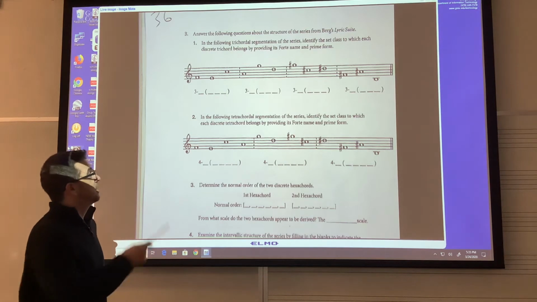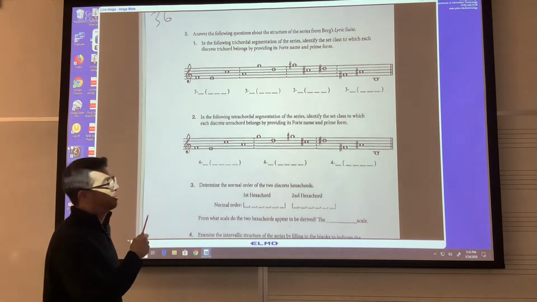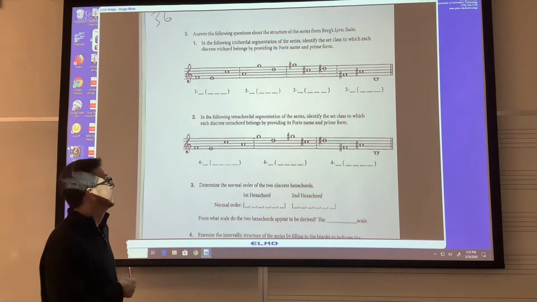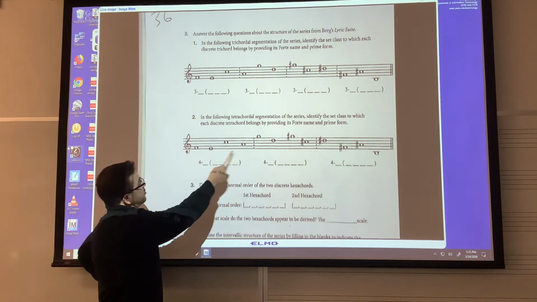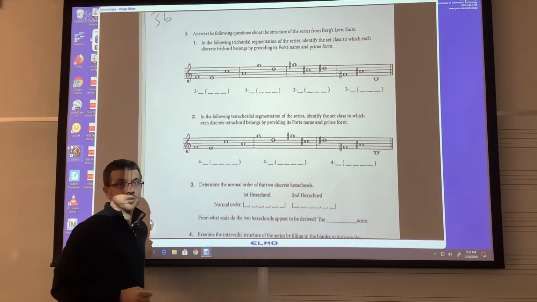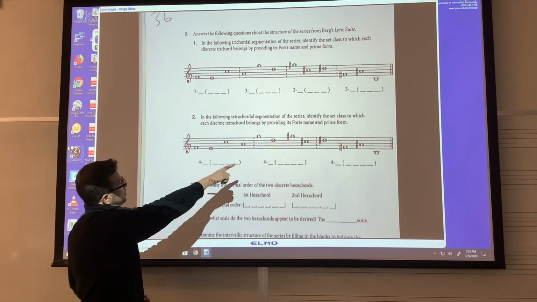Now I'm going to go ahead and send you the pages so you can do the analysis, because I think you're missing that page from your book. So I'll be sure to include that. You can also take each group of 4 notes and find tetrachords that Berg used. So you will find the trichords, the tetrachords.